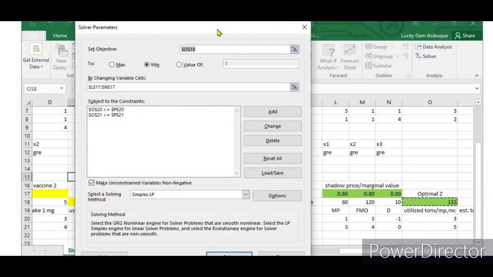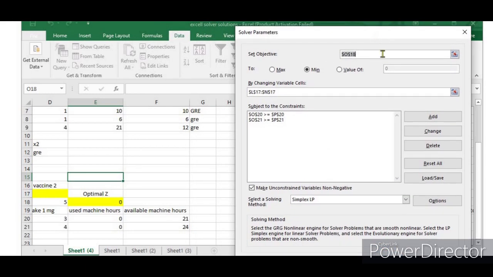Okay, so here in the Solver, you will put in the objective function. Set Objective: the value of the optimal Z. Okay, you will just click. Then you will click Maximum, because we are maximizing here.